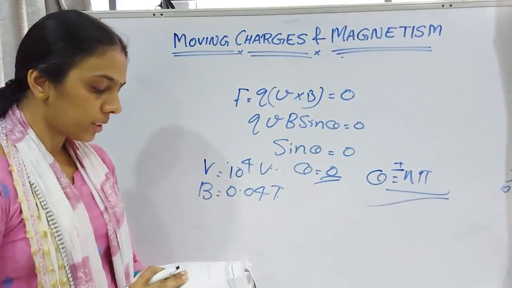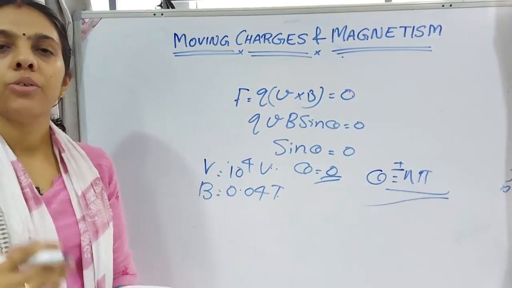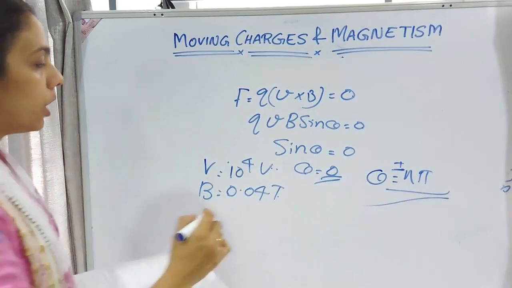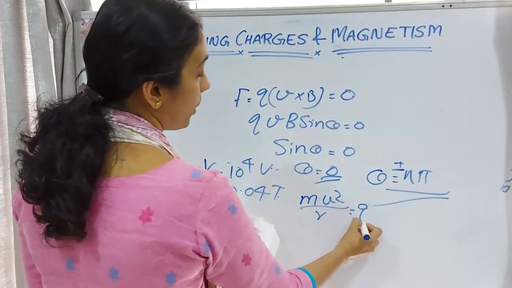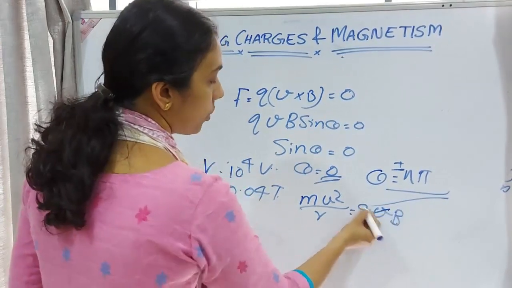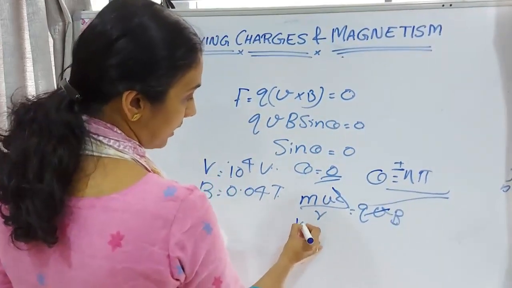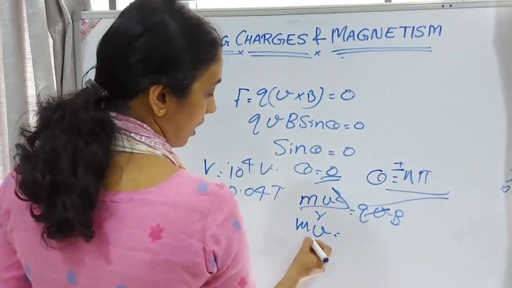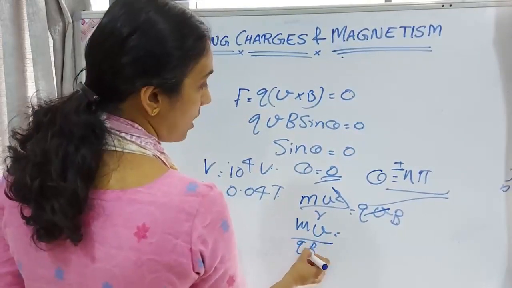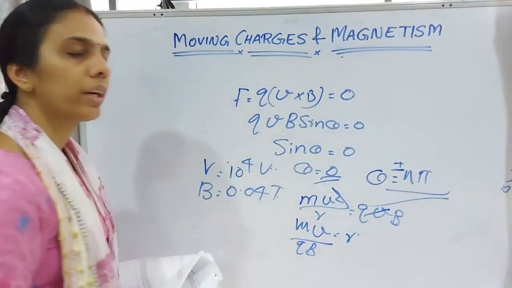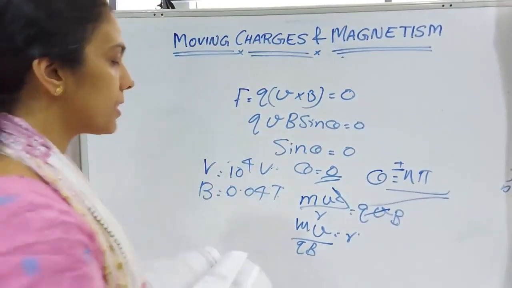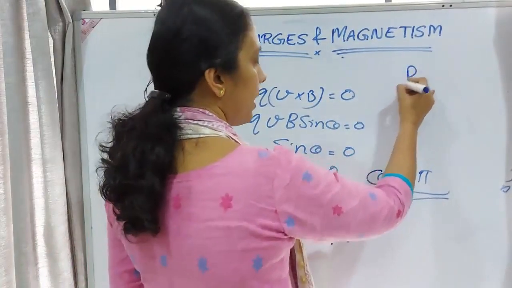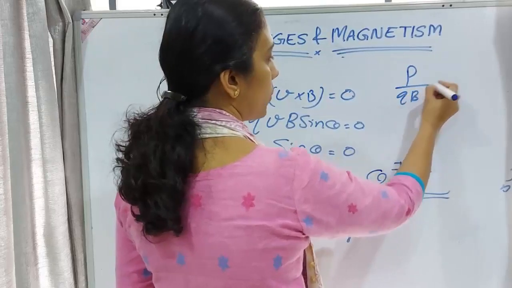Calculate the radius of curvature of the trajectory. So how can we find out? mv square by r is equal to qvB. So here v and v will get cancelled. mv by qB equals r we are getting. What is mv? mv is p, momentum. Right, p divided by qB equals r.